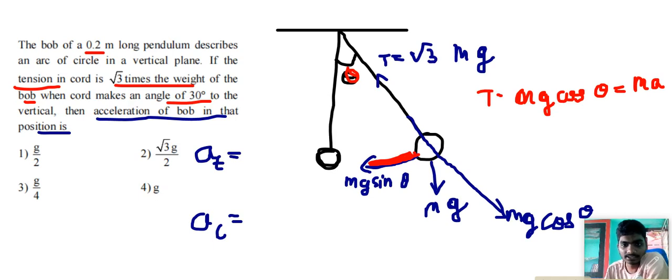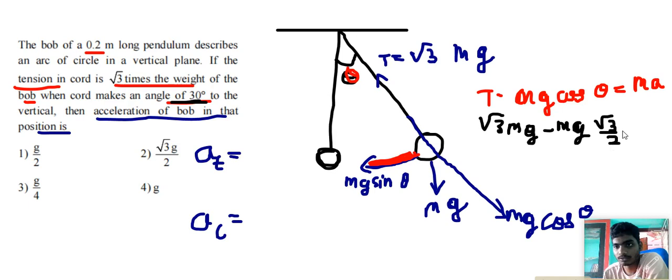The tension is given as root 3 mg, so root 3 mg minus mg cos theta. Here theta is given as 30 degrees in the question. Cos 30 degrees is root 3 by 2, so root 3 by 2 times mg equals ma. This is the centripetal force acting on the body.